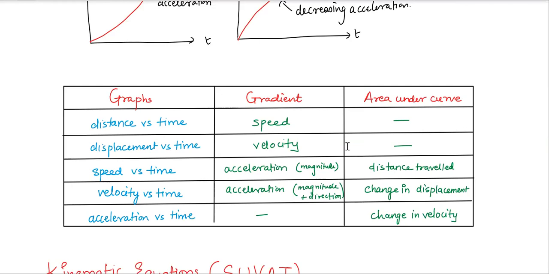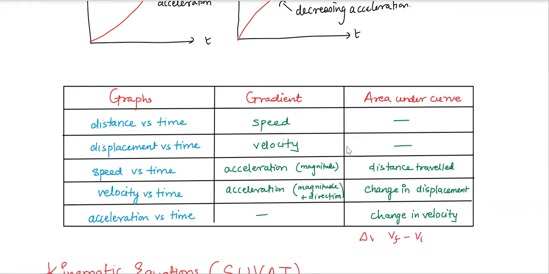If it is a velocity versus time graph, if you take the gradient, you will get acceleration, magnitude with direction, while if you take the area under the curve, you will get the change in displacement. Now, if you have an acceleration versus time graph, the area under the curve will give you the change in velocity. Change in velocity is like there are 2 points: the velocity at one point minus the velocity at the other. So we can write this as final velocity minus initial velocity.